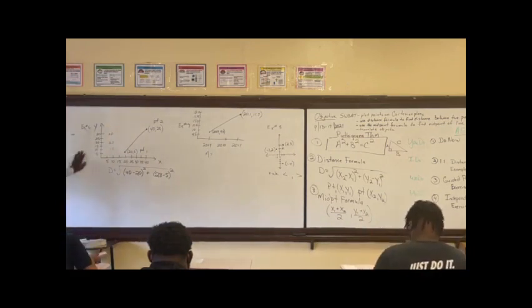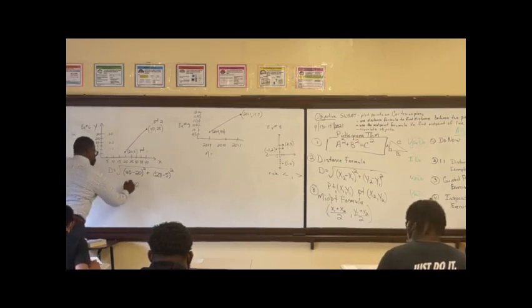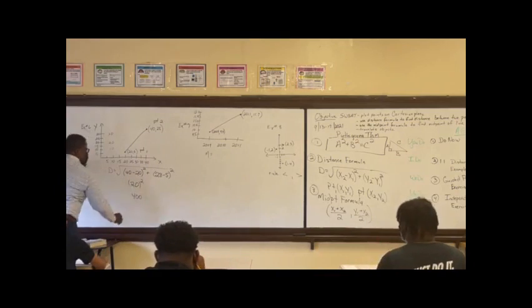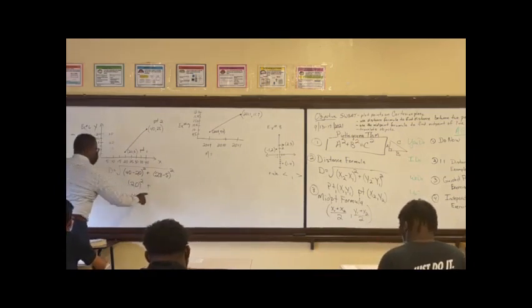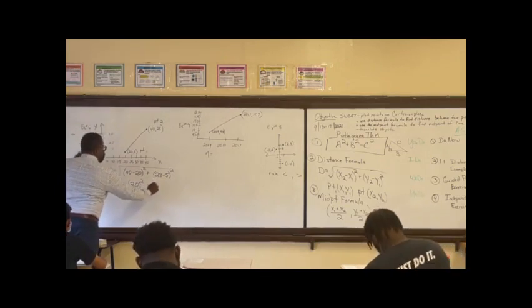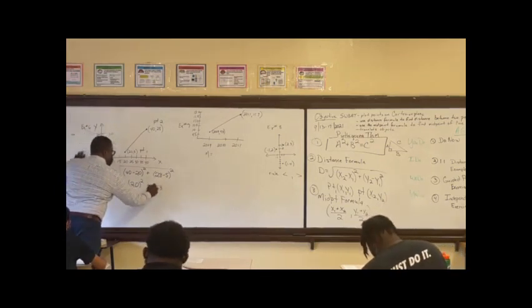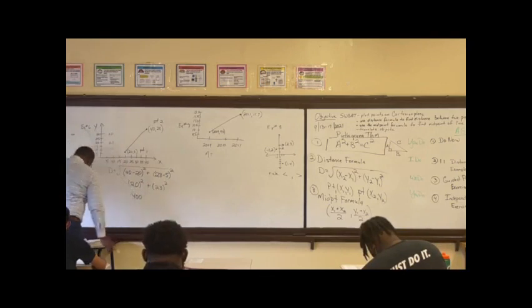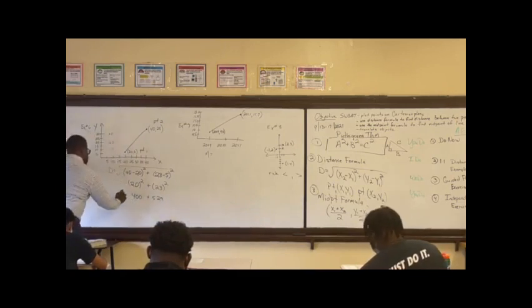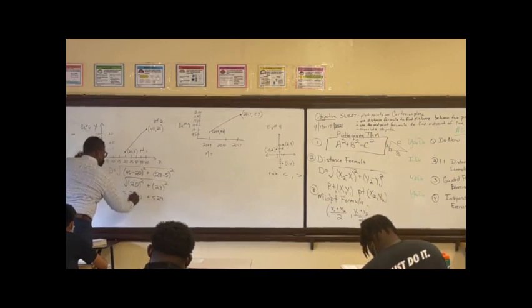40 minus 20 is what? 20. 20 squared is 400. Then we have to do one more. 28 minus 5 is 23. 23 squared is what? 529. Okay? So we still have the square root, we didn't get rid of that yet.